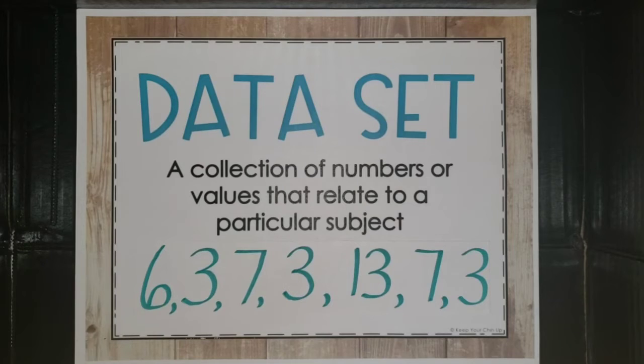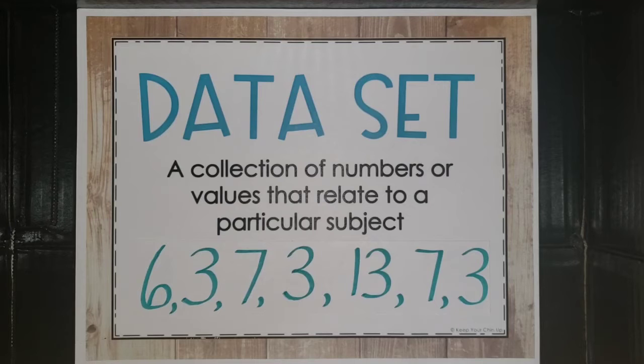All right, back to our data set. So as you recall, this is the list of all you and your 6 friends and how many TikTok dances that you each know. The best thing to do when we are collecting our data and our numbers in our data set is to rearrange them in ascending order. That means we are going to organize them from least to greatest. As you can see, this set is currently not organized in that manner.